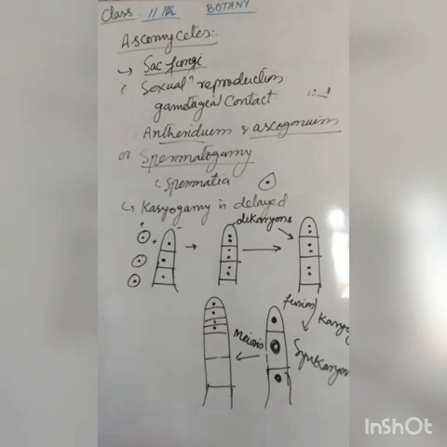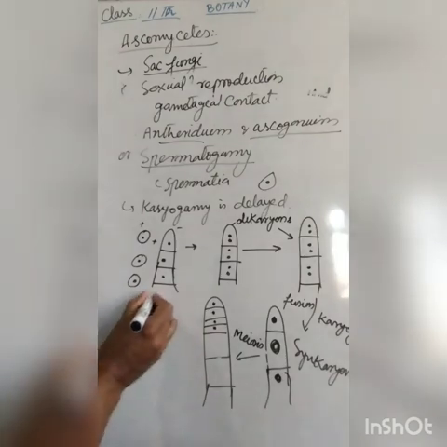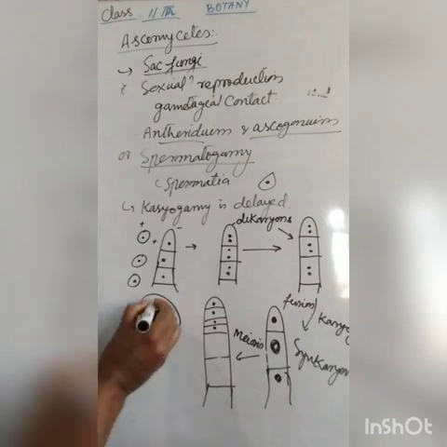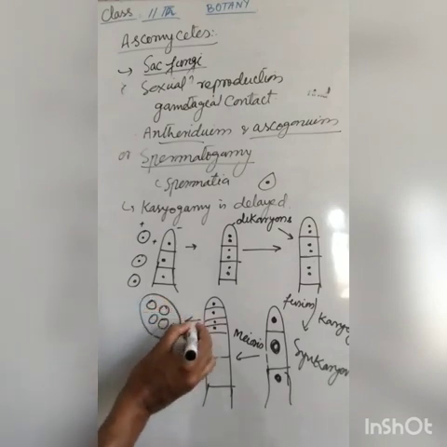These may form 4 or 8 ascospores. And then these 4 or 8 haploid meiospores or ascospores are produced internally, in a sac-like structure.